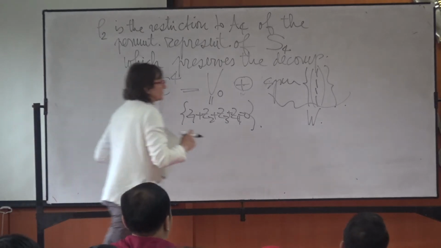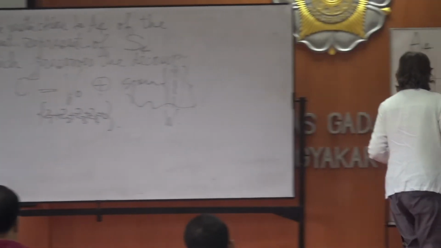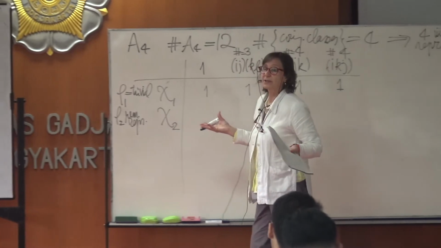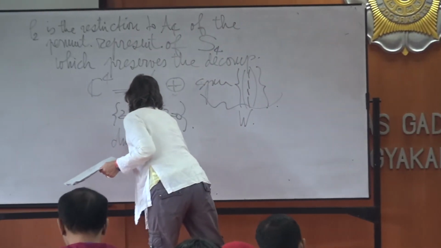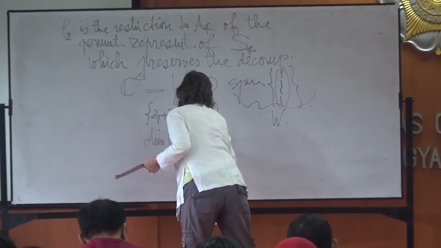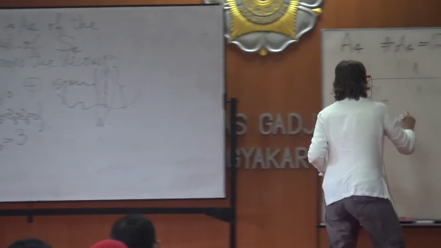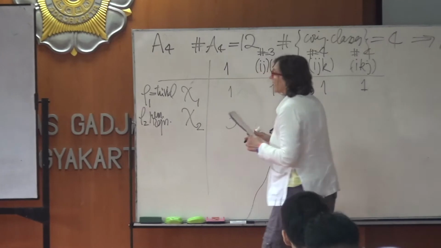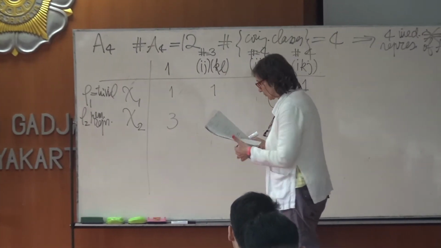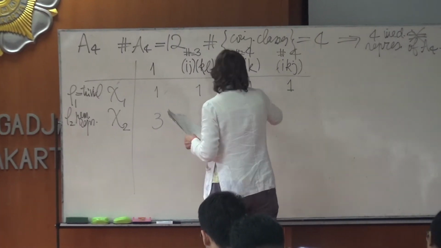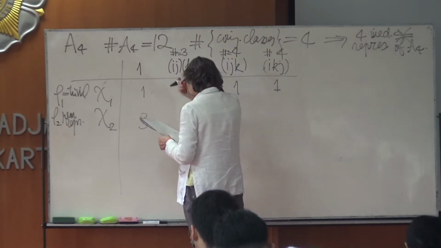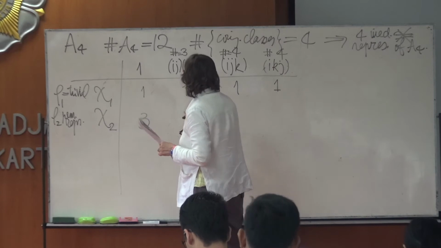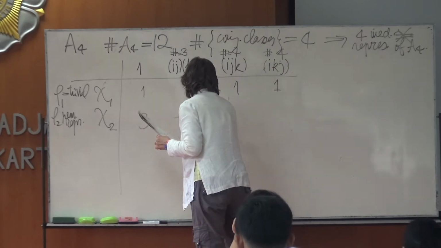Now the character of the identity will be 3, because this space is 3-dimensional. So here we get a 3. And then on the 2-2 cycles, the character is -1. Why?